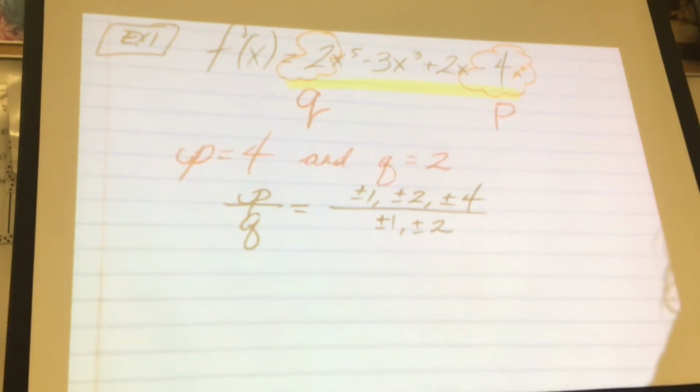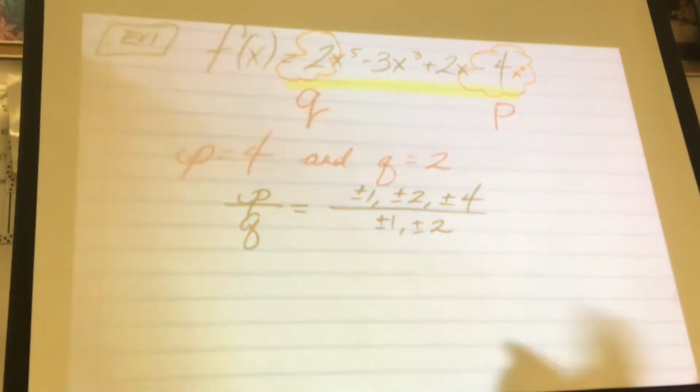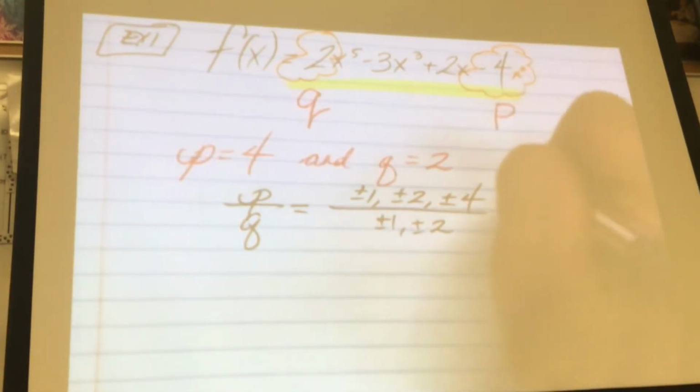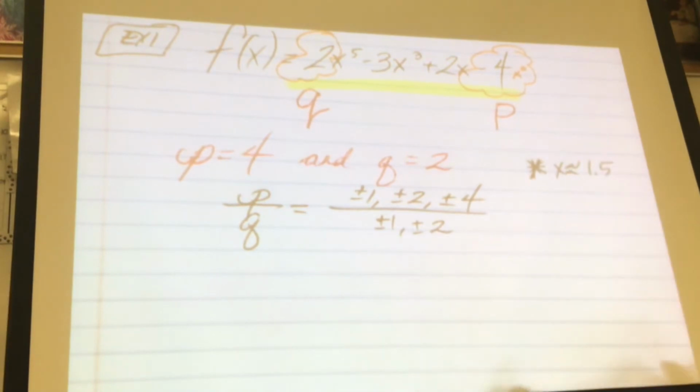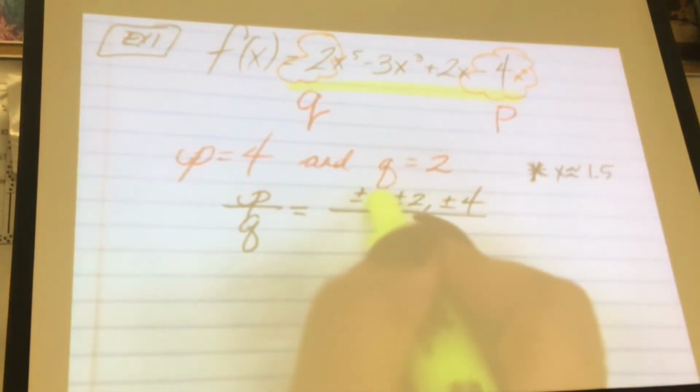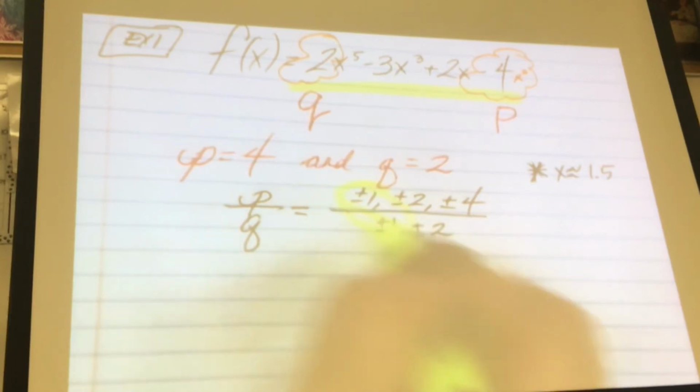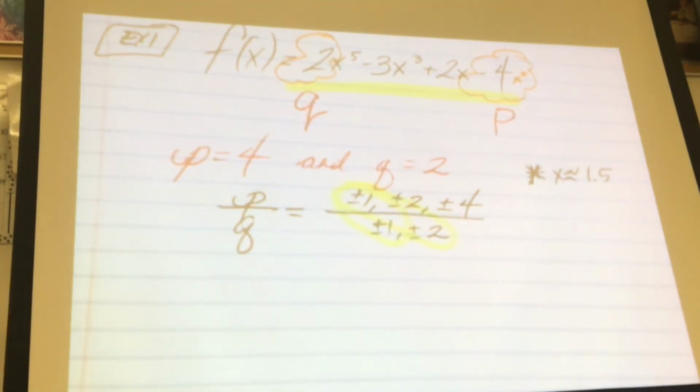Now when we just graphed this, we saw that one of the roots was about 1.5. And I'm going to prove to you how you're going to get this 1.5. Now all I have to do is take this 1, divide it by 1, and then divide it by 2.